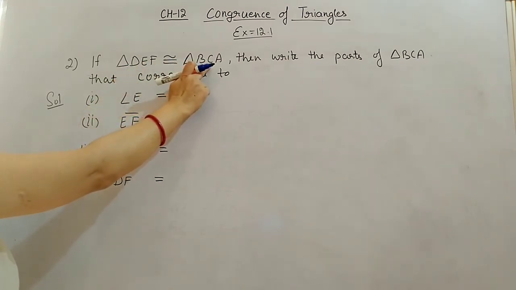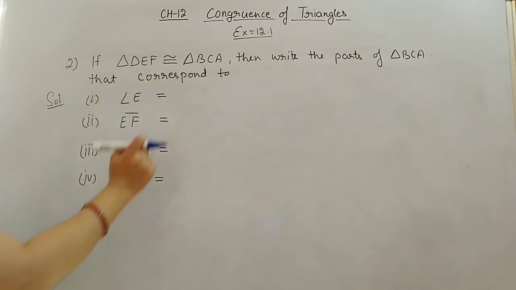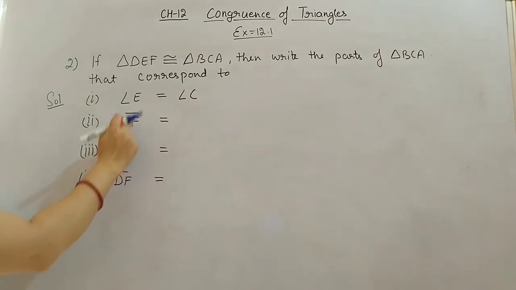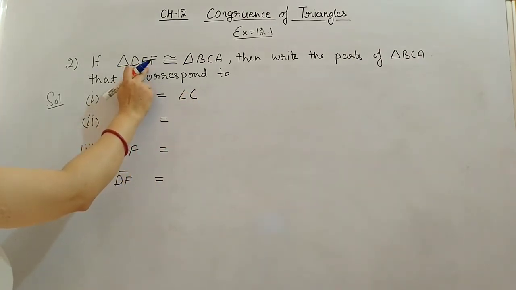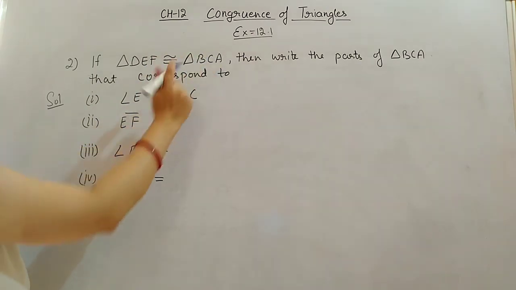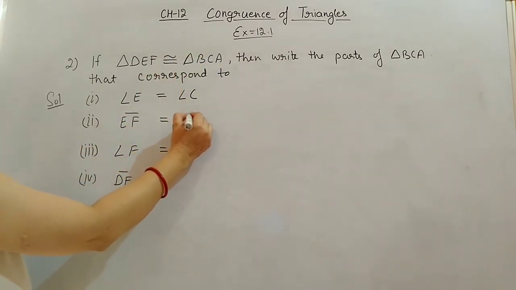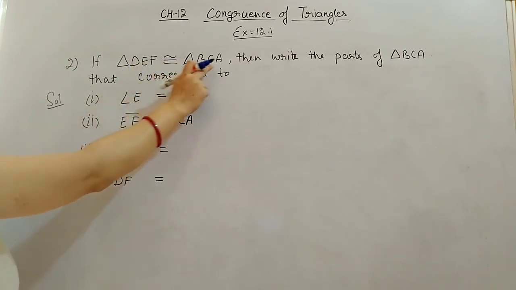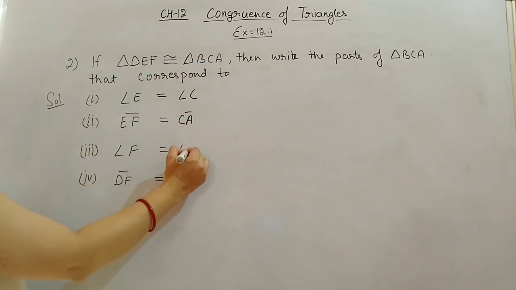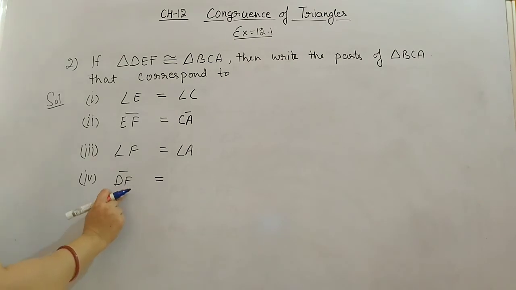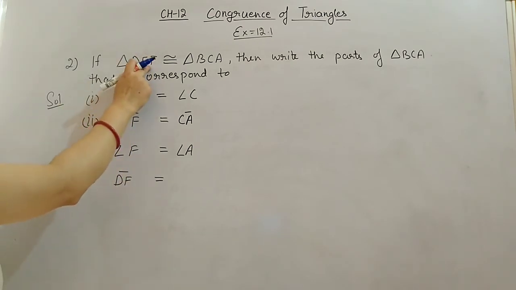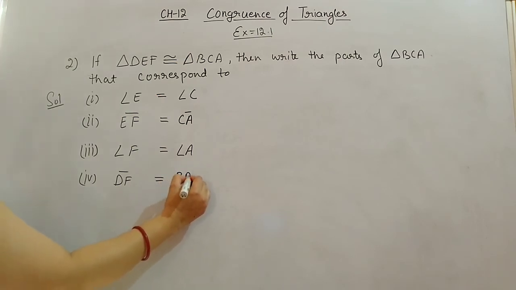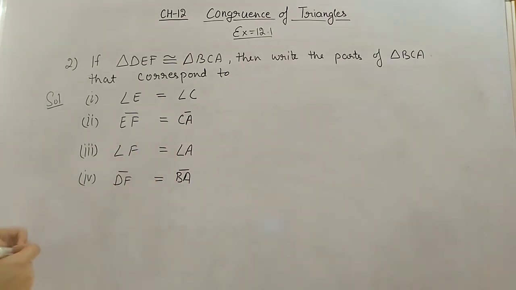So in the other we have to see what is at the second place: angle C. Then next, side EF, these last 2 points we are taking. So here also we have to take the last two, meaning CA. Angle F means the last point. So here the last is A, angle A. DF, first and last point. So here also first and last, BA. Like this you have to compare.